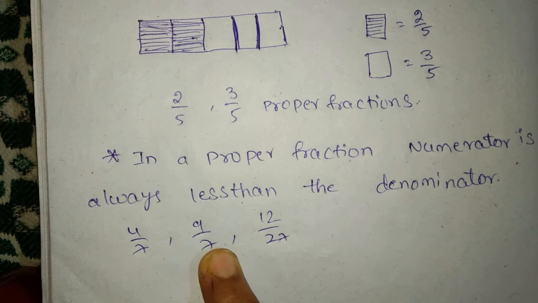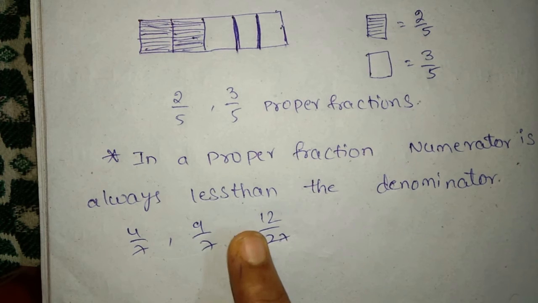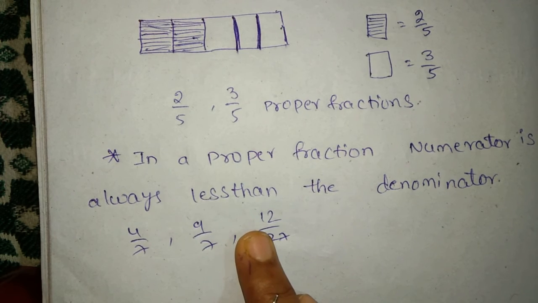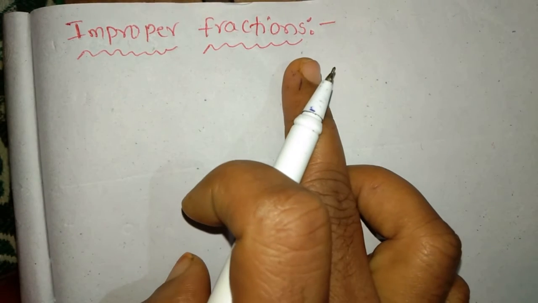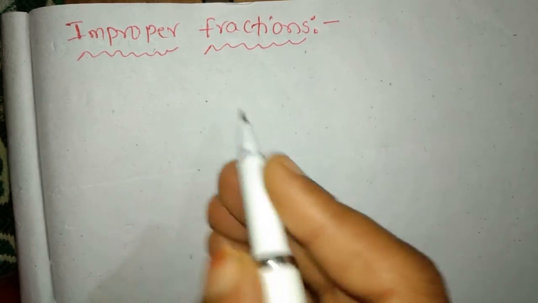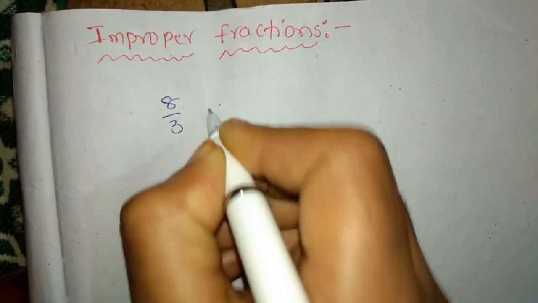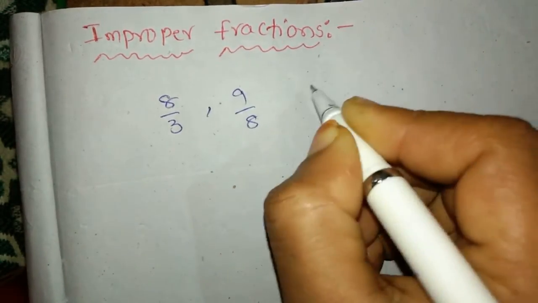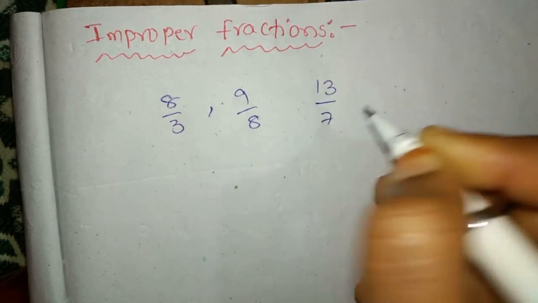Whatever fractions we take, if the numerator is less than the denominator, then it is said to be a proper fraction. Now, let us see the improper fractions. Take 8 by 3, 9 by 8, 13 by 7.